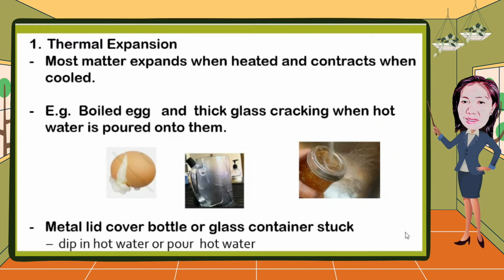So since the distance now is increasing, since they will occupy a greater space, the volume will now increase. So if the volume will now increase, what happened is it will have a thermal expansion.